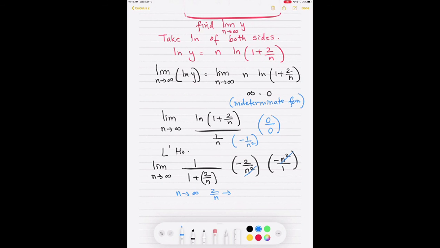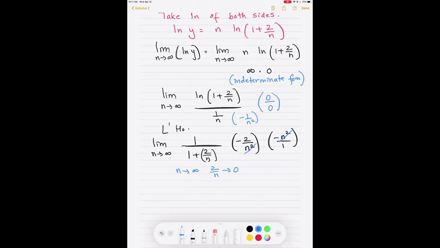There you go. So it approaches 0. So you have the limit as n approaches infinity of ln a_n to be 2. So now we are saying ln of the limit as n approaches infinity of a_n is 2.